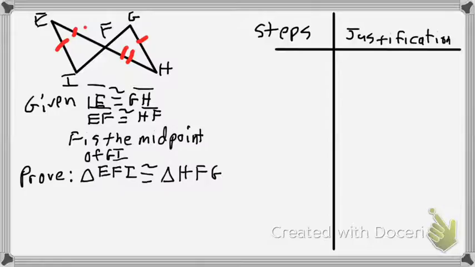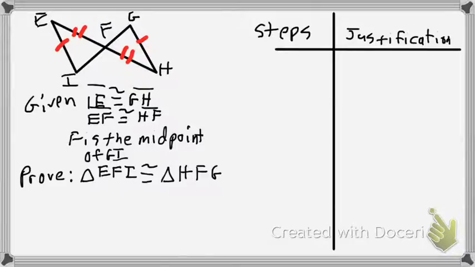So now we need to figure out whether we can get that third side, which would be proving that IF is congruent to FG, or we would need to use the side angle side theorem.